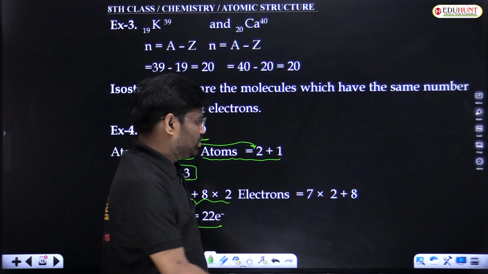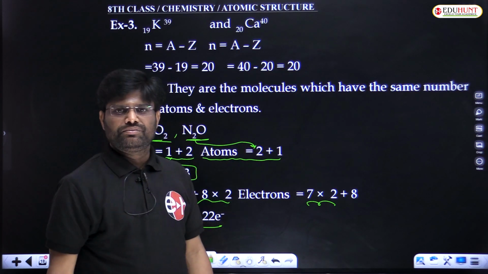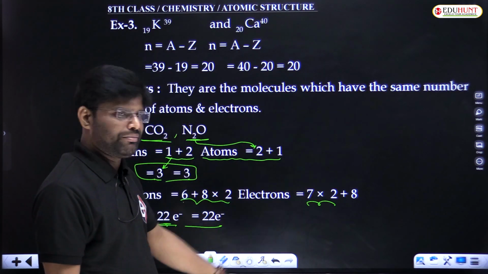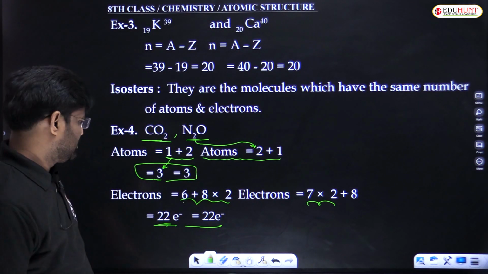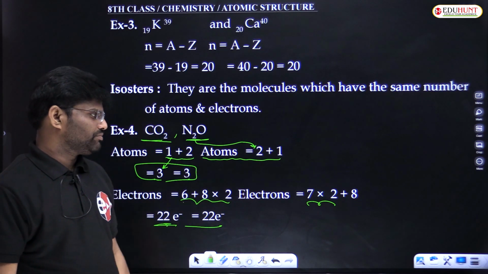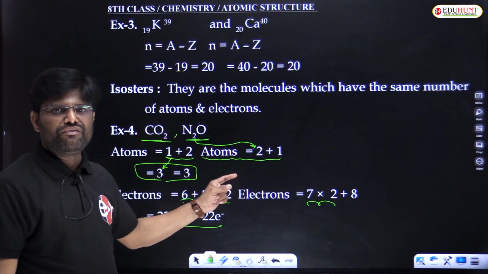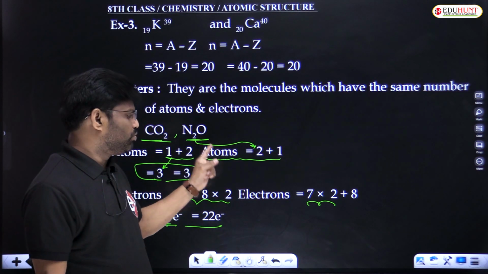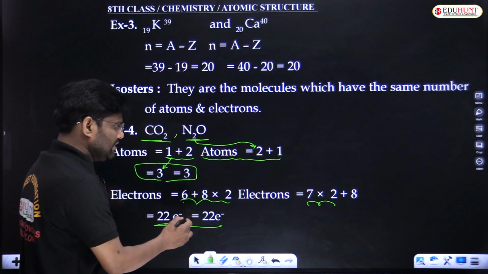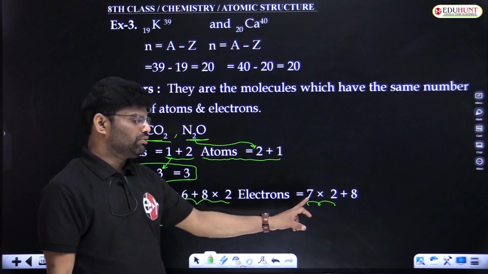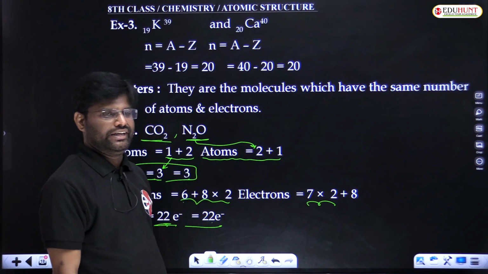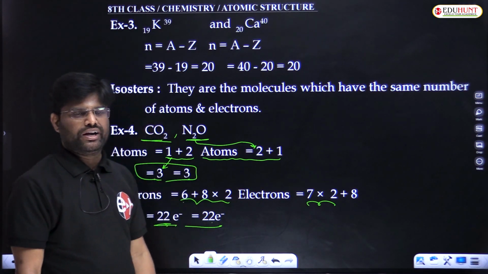So that is the number of electrons in N2O: 2 into 7, 14 plus 8, 22 electrons.